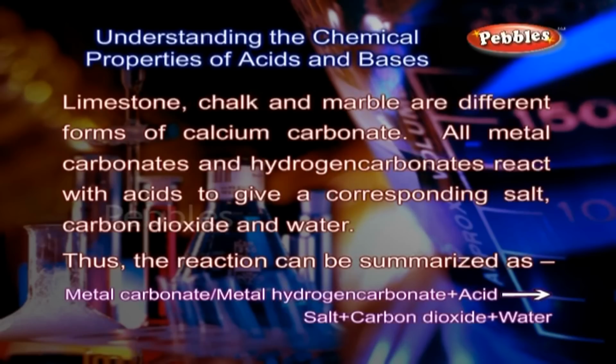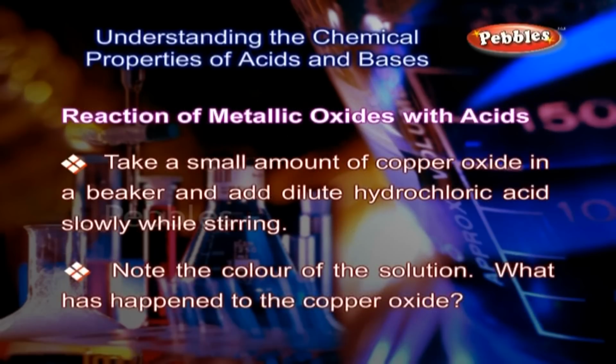All metal carbonates and hydrogen carbonates react with acids to give a corresponding salt, carbon dioxide and water. Thus, the reaction can be summarized as metal carbonate or metal hydrogen carbonate plus acid gives salt plus carbon dioxide plus water.